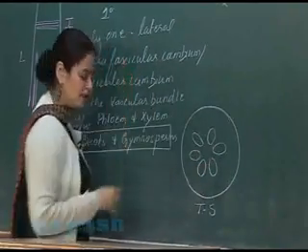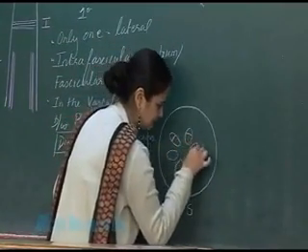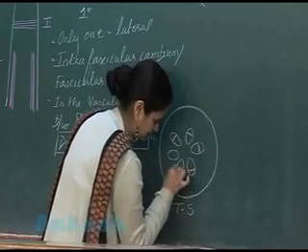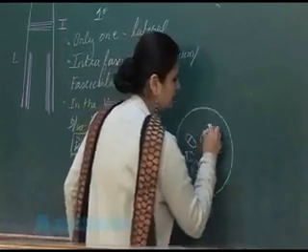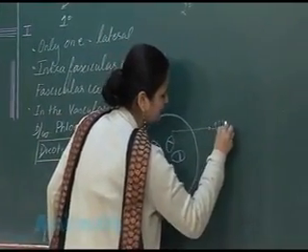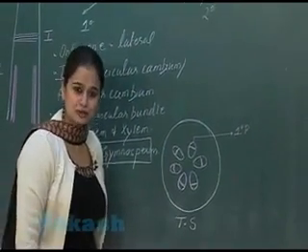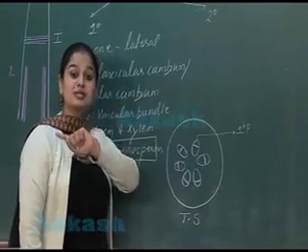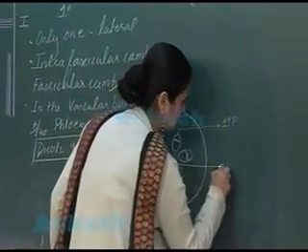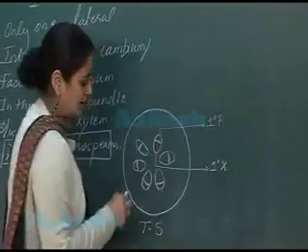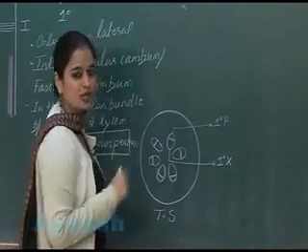They are arranged in the form of a ring. Now this part of the vascular bundle represents primary phloem. This is the primary permanent tissue formed in the beginning. It is present in the plant from the beginning. And on the lower side, this represents primary xylem.